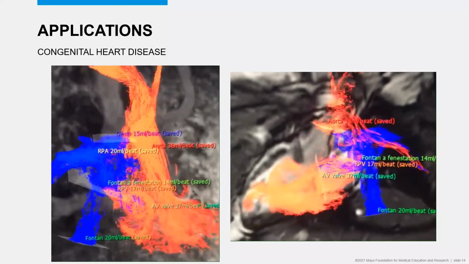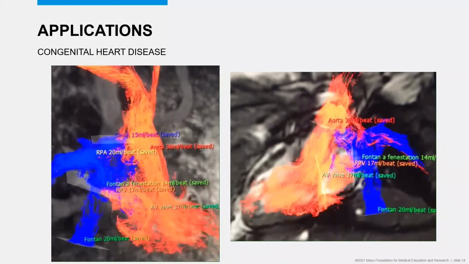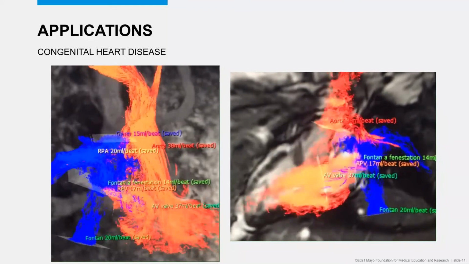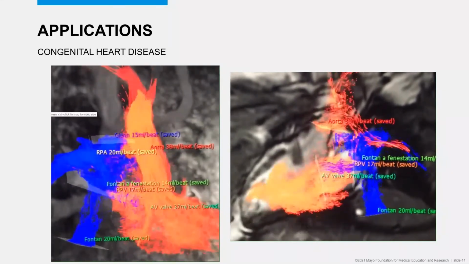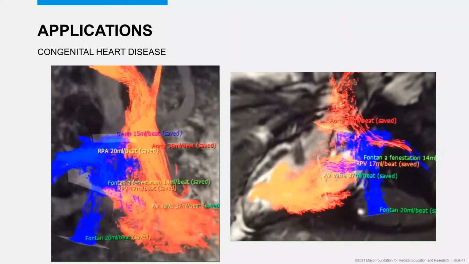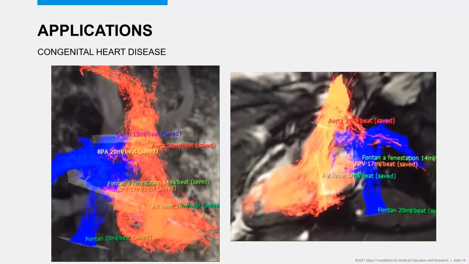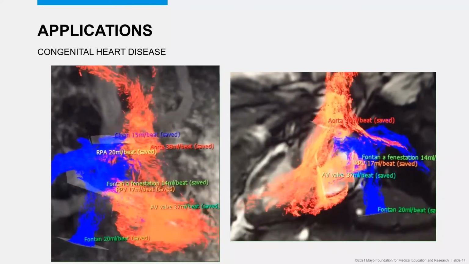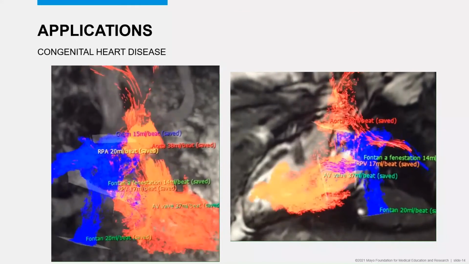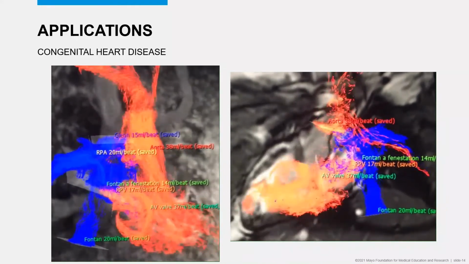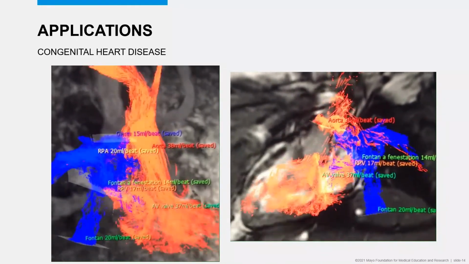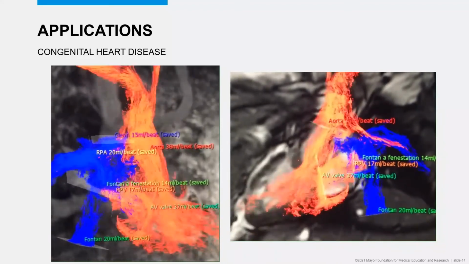And the 4D sequence, therefore, shortens the overall amount of time needed to scan these patients because all of the measurements can be acquired retrospectively instead of having to prescribe multiple flow planes at the scanner. This is an example of a patient with Fontan circulation with suspected leak at the fenestration on echo.